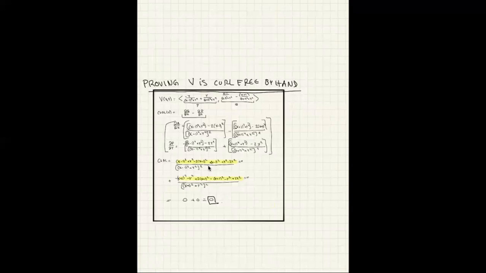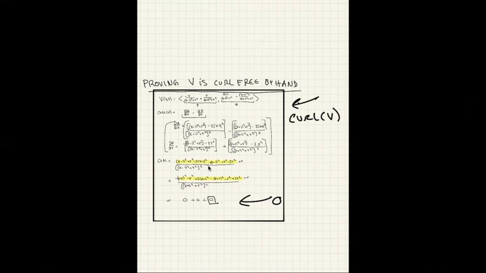The computation is kind of messy. It's not too enlightening, but you can actually compute that the curl of V, where V is the thing on the previous page with the double singularity, if you work it all out, turns out to be 0.